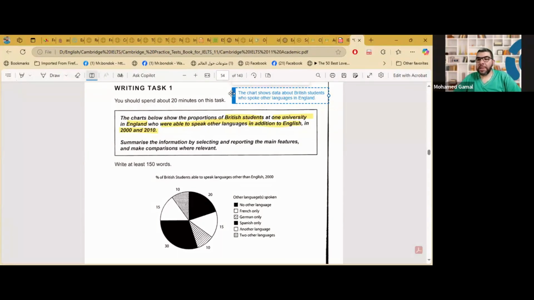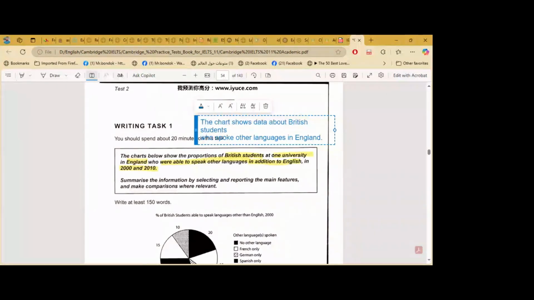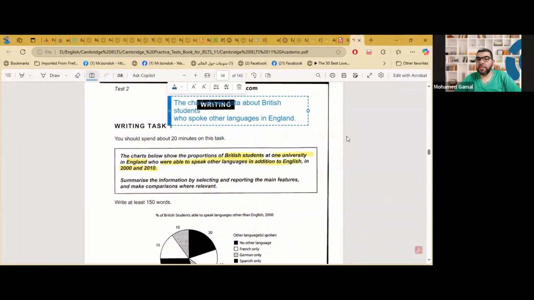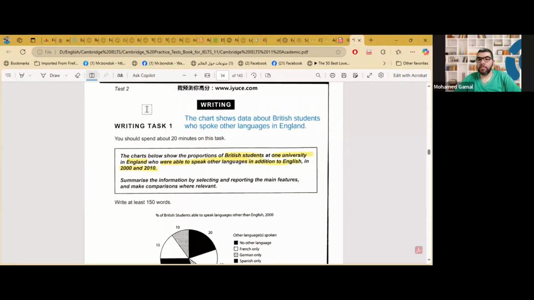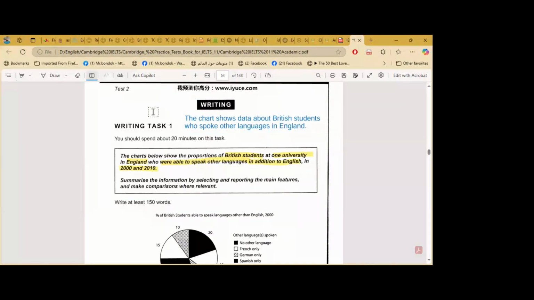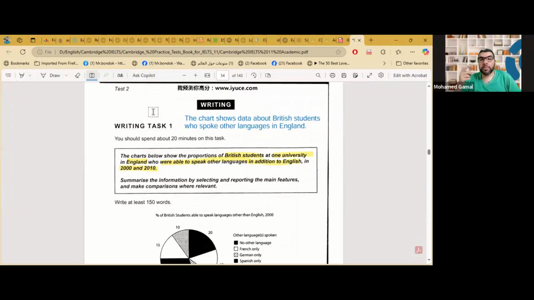So what is the problem here? There's a lot of misinformation. First, one of them is one university. Then the time period from 2000 to 2010. Another language.